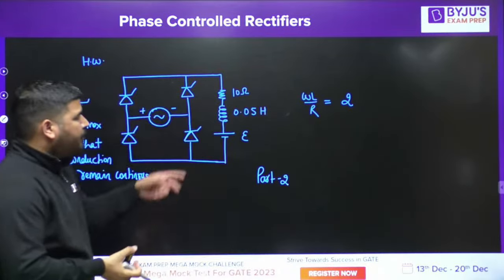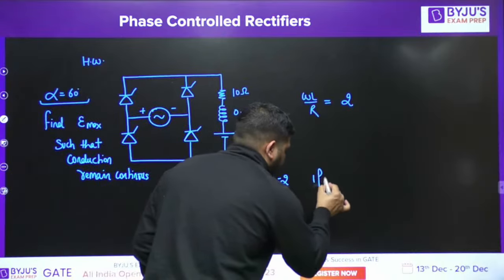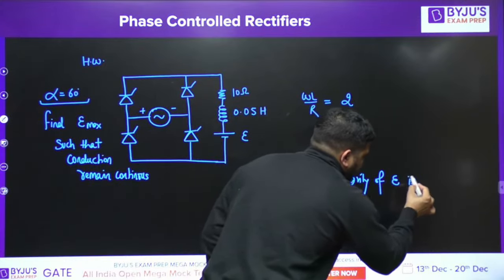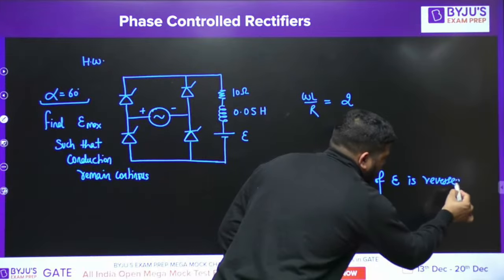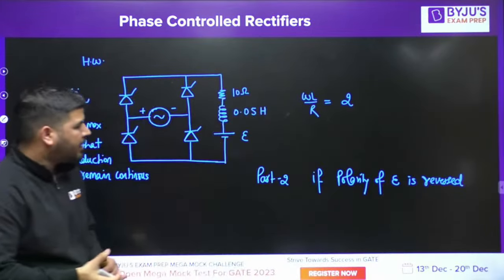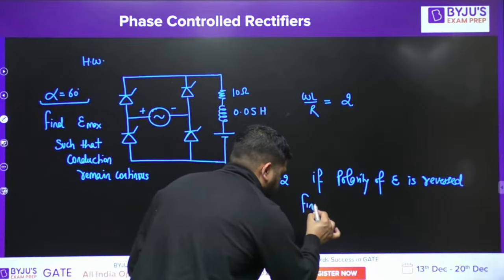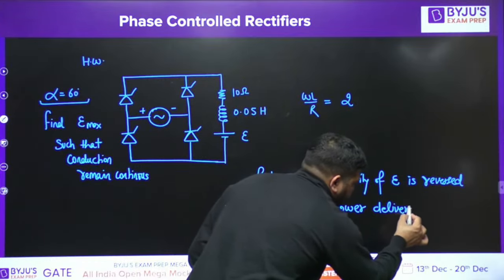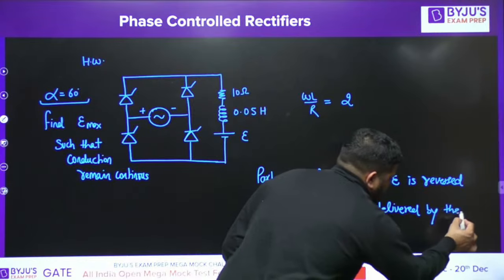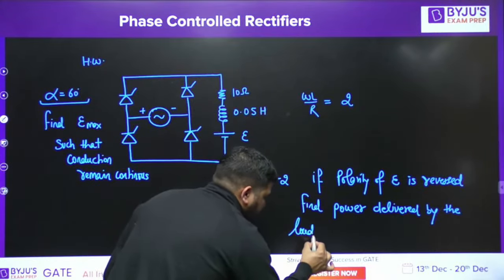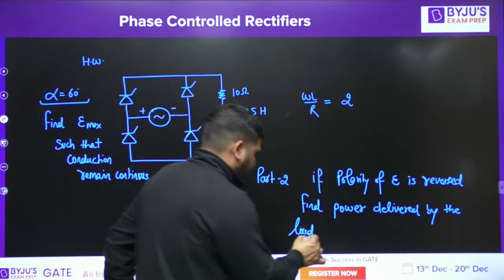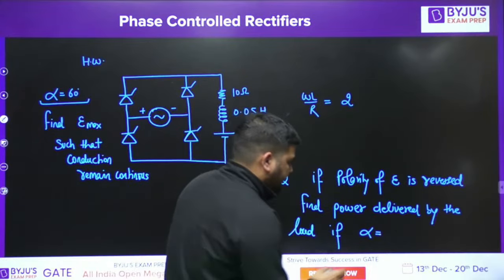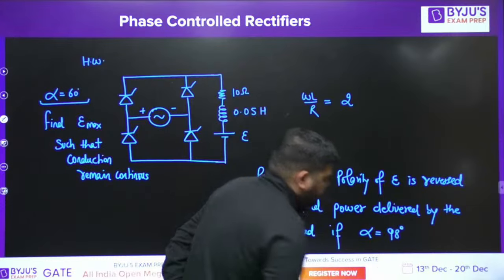Part 2: if the polarity of E is reversed, find the power delivered by the load if alpha is equal to 98 degrees.